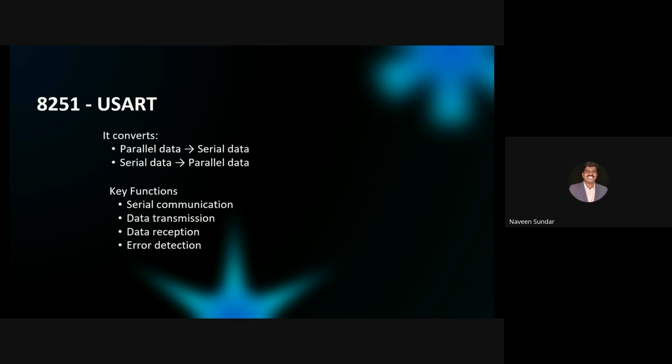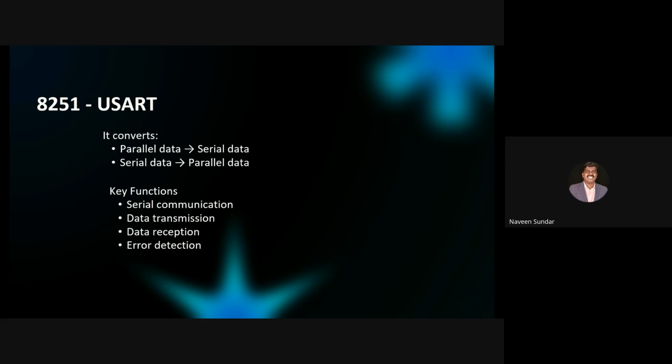So there should be some translator converting parallel mode to serial mode and serial mode to parallel mode for communication. This 8251 mainly helps for translating this particular process, or otherwise this communication will not be effective.